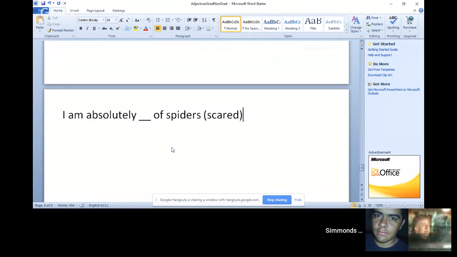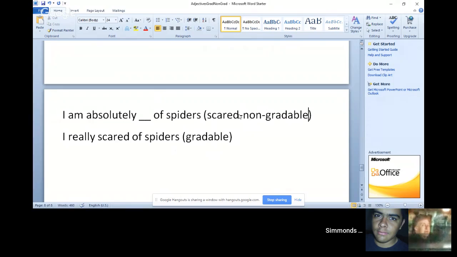Okay, so if I say I'm absolutely of spiders, and I want it to mean scared, I'm really scared of spiders. So this one would be gradable, and this one is going to be non-gradable. What do you think this word could be?